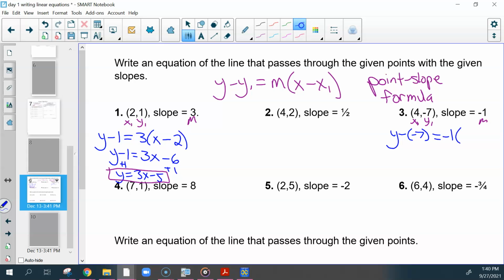Equals -1 times (x minus 4). Here you could do this one of 2 ways. You can distribute it and then make the negative and then the minus and the -7 become a plus, or you can do those at the same time. So I'm going to do them at the same time. This would become y plus 7. This would become -x plus 4.